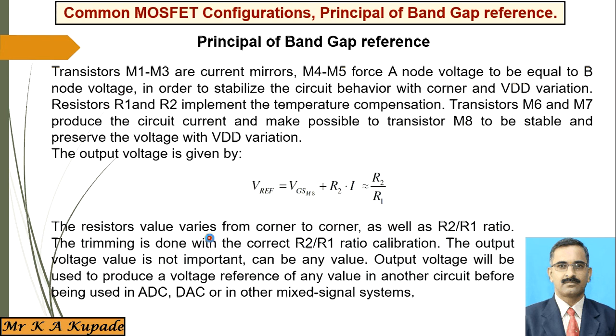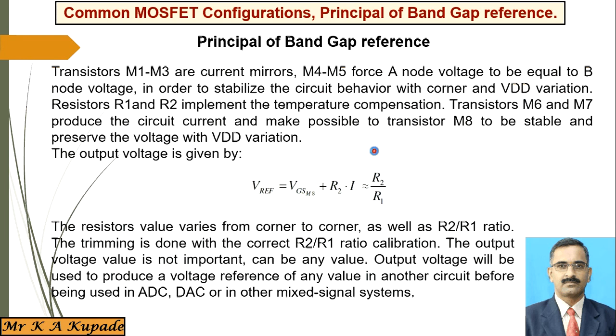See here, I already said that what exactly the output voltage is, is not important; what is important is to maintain a constant voltage. This is done by the M1 M3 current mirror circuit, and M4 M5, which force node A and node B to a constant voltage to stabilize the circuit behavior with the variation of VDD.